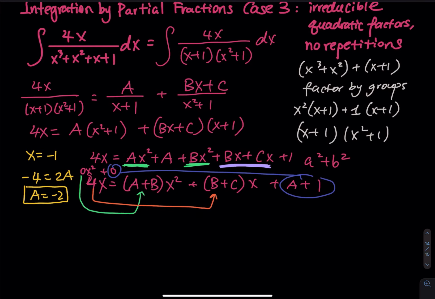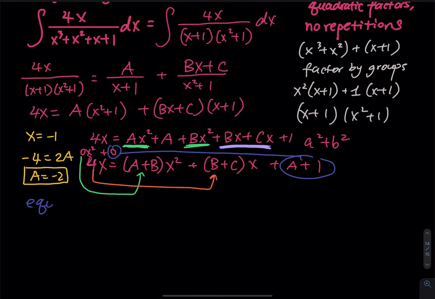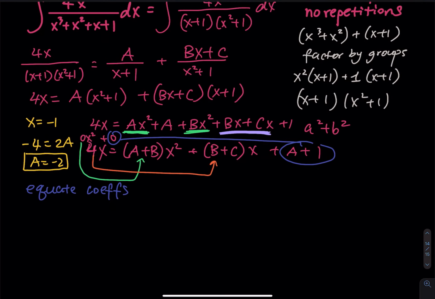All right, equating the coefficients, we have a system. a plus b equals 0, b plus c equals 4, and a plus c equals 0.